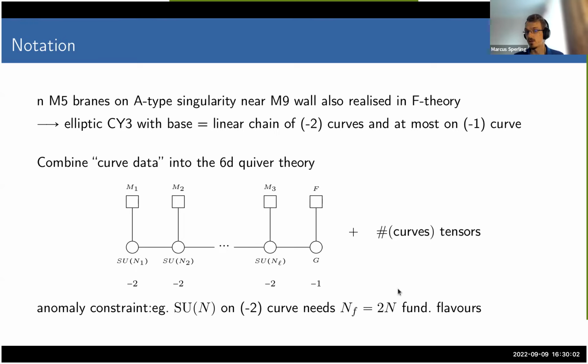Sorry, another stupid question. I say elliptic Calabi-Yau threefold. So these are non-compact Calabi-Yaus, right? So when you say, the elliptic fiber must be compact because it's F-theory. So where is the non-compact direction?